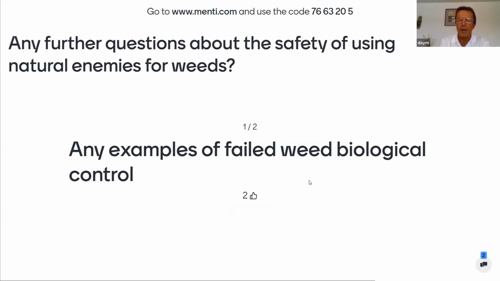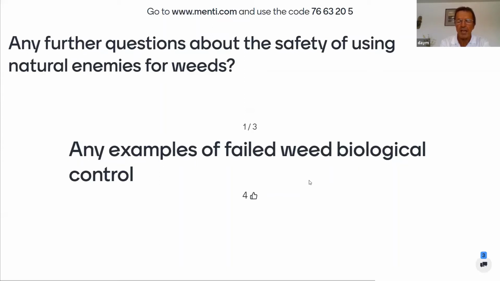Whether we need to look at more agents is another question. It depends on how important that weed is. With lantana, we mentioned lantana a fair bit, there's lots of biocontrol agents. About 24 have been released globally on lantana, but probably only about half a dozen of these are actually damaging to the weed.